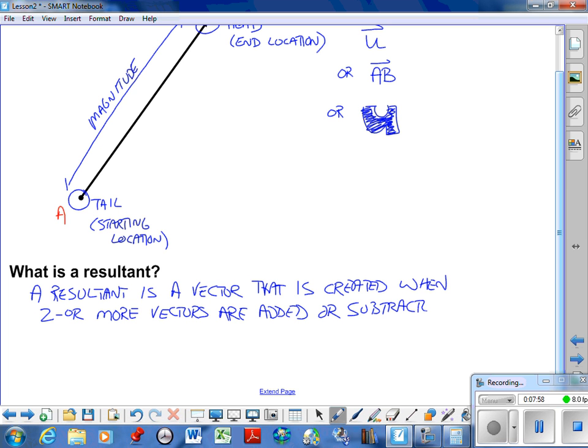All right, so it's a new vector. It's kind of like saying this is the result of doing the operations, or this is what it adds up to, the total. So resultant is kind of like a total. Now usually we use capital R to represent resultant. Okay, so capital R is the variable we use to represent resultant, with the harpoon on top again because it's a vector.